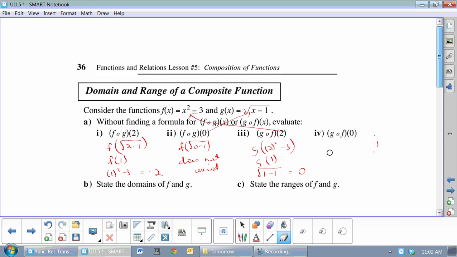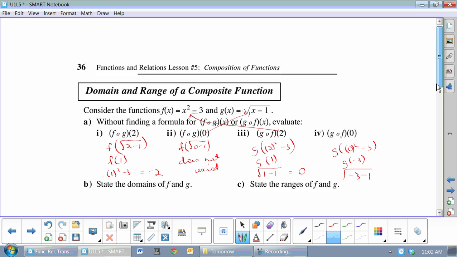Am I backwards? Yeah, I did. I should put it in f. So that should be g of 0 squared minus 3, which is g of negative 3. Now I'm going to put this into the square root of negative 3 minus 1, which is negative 4, and that does not exist, right?